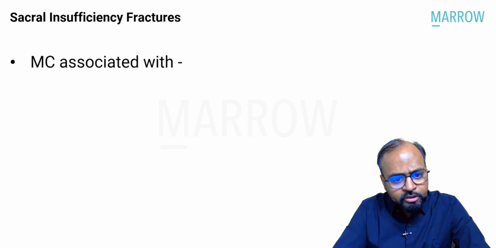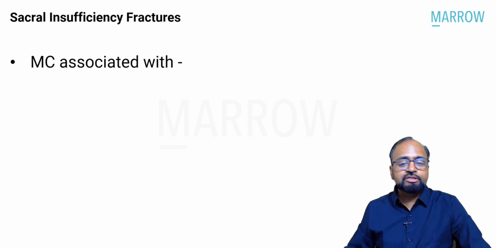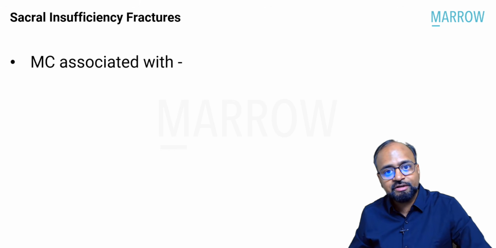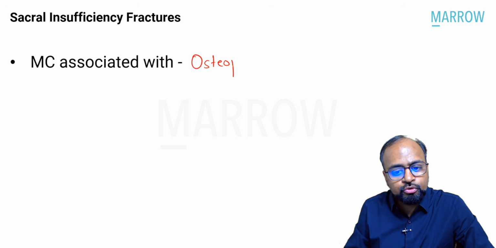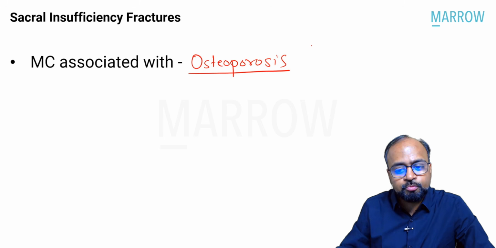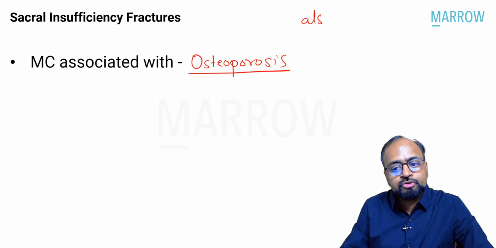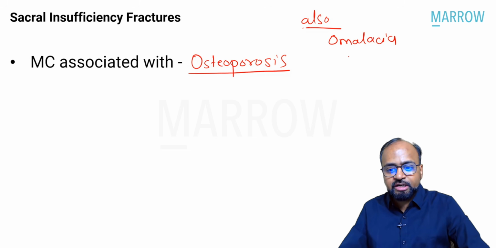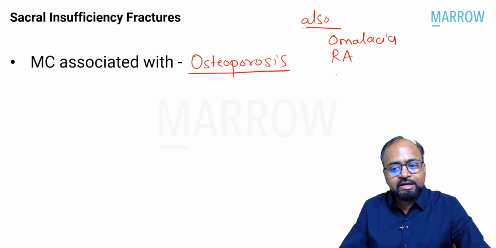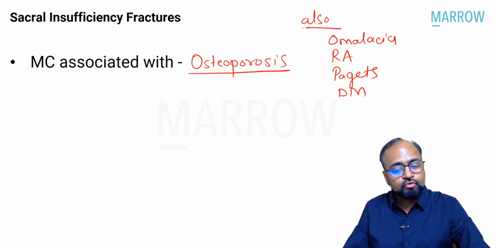But before that, let us quickly look at the associated conditions, some important points related to sacral insufficiency fractures. So sacral insufficiency fractures are most commonly associated with osteoporosis. Although most commonly associated with osteoporosis, they could also be associated with osteomalacia, right? Any condition which weakens the underlying bone, say rheumatoid arthritis, Paget's disease, diabetes mellitus, and so forth.